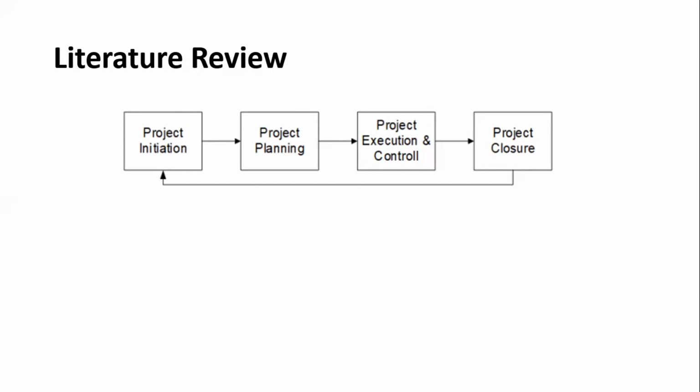Project closure includes handing over project results to the project owner, handing over the project documentation, terminating contracts with partners, releasing project resources, and communicating project closure to all stakeholders.